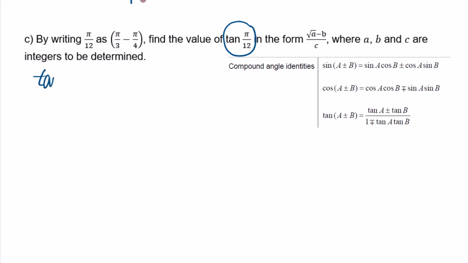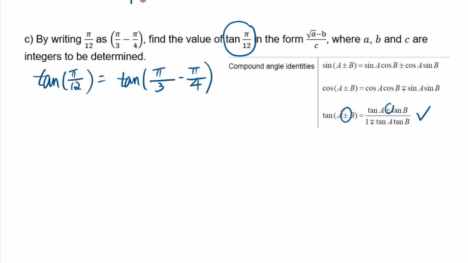Tangent pi over 12 equals tangent of pi over 3 minus pi over 4. We have to use this formula. On top, the sign is plus minus, so it stays the same. On the bottom, it is minus plus, so it will be opposite.